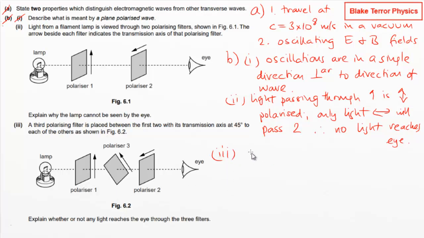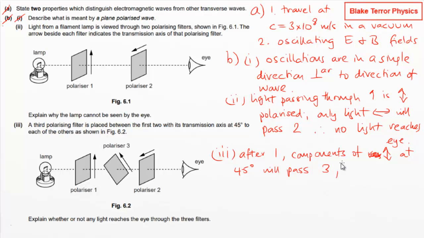Right, so we can say after polarizer 1, we will get components of the vertically polarized light at 45 degrees passing through polarizer 3.